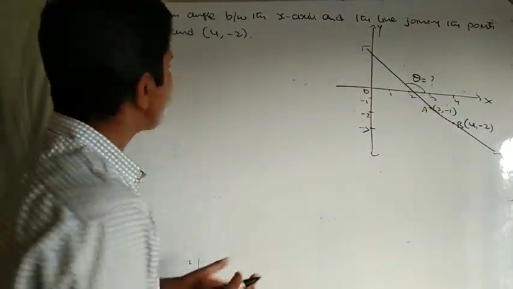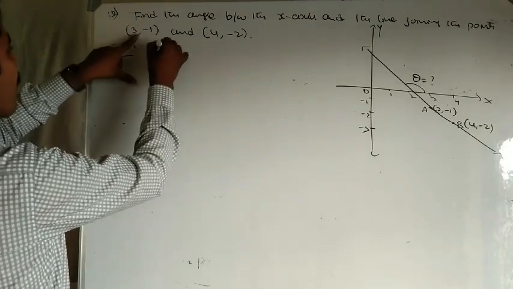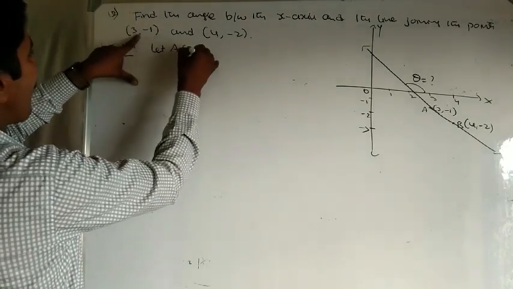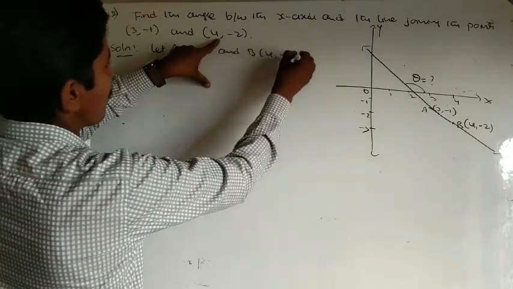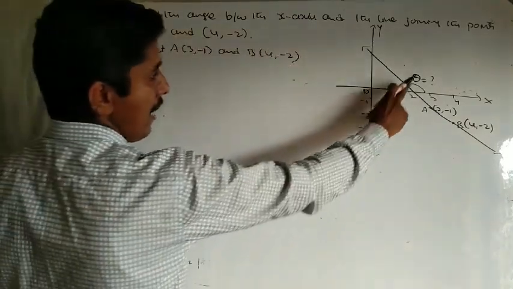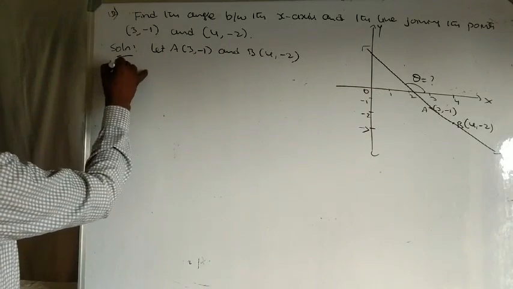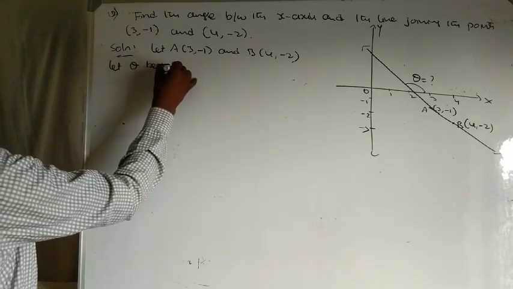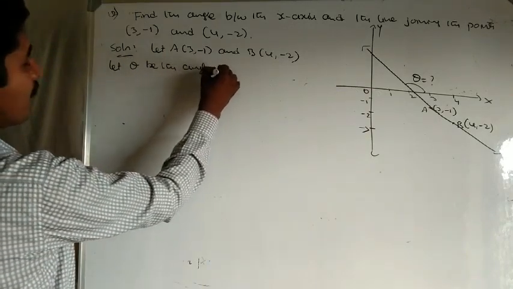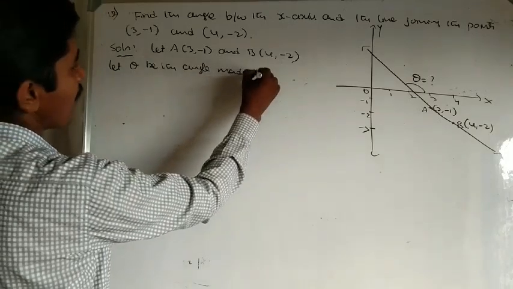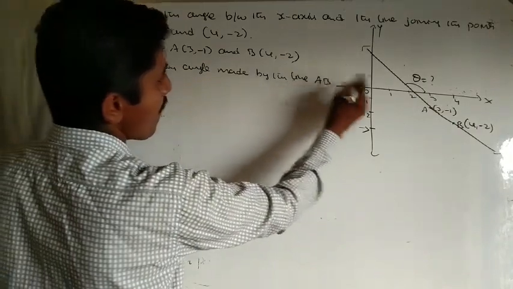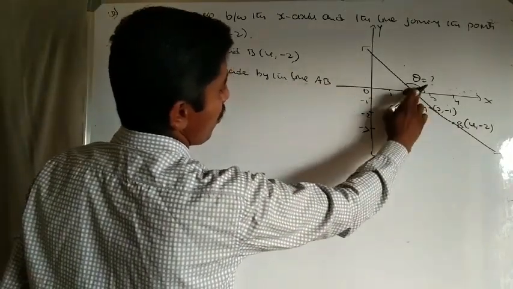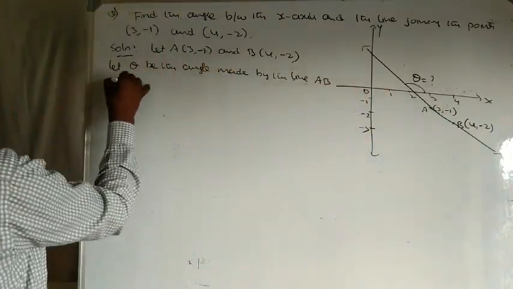Got it. Here, let A equal to 3 comma minus 1 I am taking, and B equal to 4 comma minus 2. Let theta be the angle made by the line AB with positive direction of x-axis.